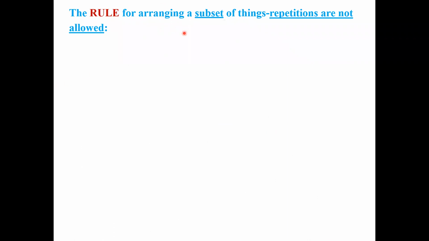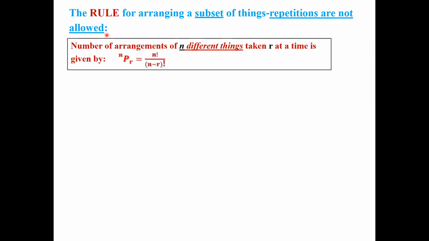Let us look at the rule for arranging a subset of things. Repetitions are not allowed. It simply states that the number of arrangements of n different things taken r at a time is given by P(n, r) = n factorial over (n minus r) factorial.